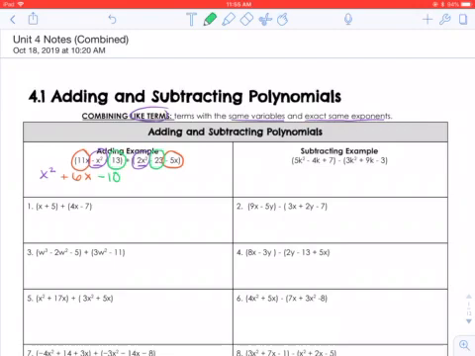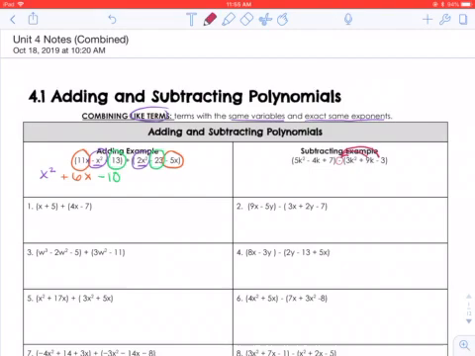We can also look at a subtracting example. Subtracting is a little different because you've got a negative sign. So we're not just adding, we are going to apply the subtraction symbol or that negative to every term in those parentheses. So it's almost like distributing out that negative and then adding. I like to do this by rewriting the equation just so we don't get confused.